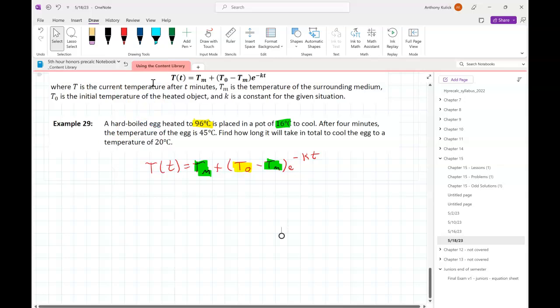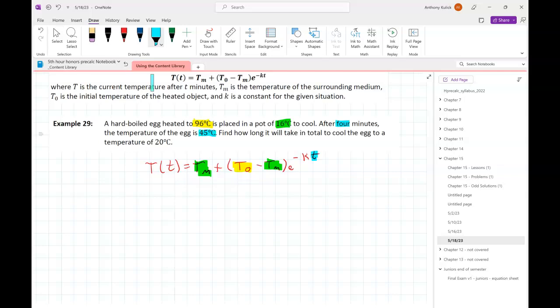And what is the 45? Well, we have two things. We have 4 minutes, that's our t, and the 45 would be the T of t, the temperature after 4 minutes. So we'd say T of 4 is 45. Everybody's okay with that?